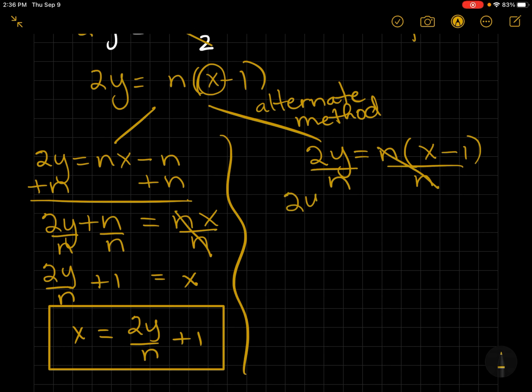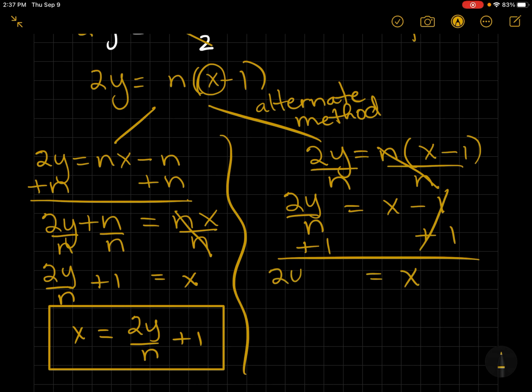And so now I have 2y over n equals x minus 1. And now I'm going to add 1 to both sides. And I get x equals 2y over n plus 1. So you notice that is the exact same answer.